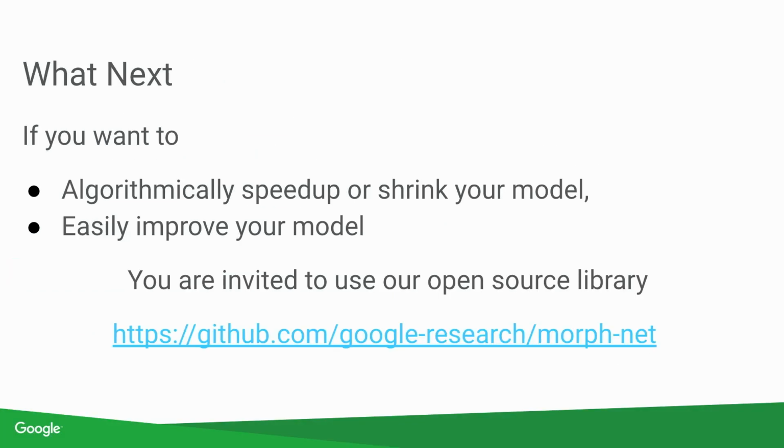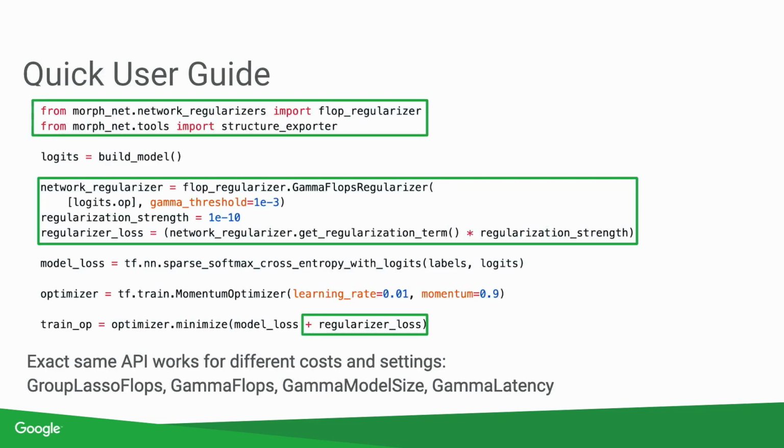So that was about the results and about the math and the algorithm. I'd like to try to convince you to use, or at least to explore, our open source framework, with which you can reconstruct all these experiments and do more on your data and with your task. It's actually pretty simple to use. This is a short example. What you need to do is include our library.